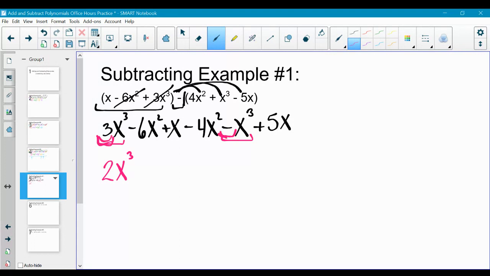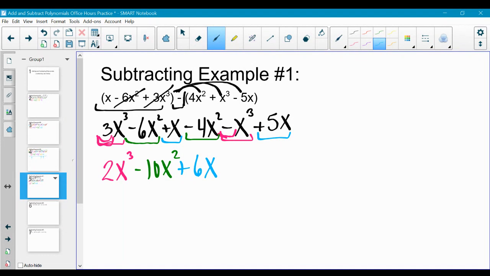Next, I have a negative 6x squared minus 4x squared, so I'm going to get the negative 10x squared. Lastly, we have a positive 1 and a positive 5, so my final piece to this is going to be a plus 6x. So that's our final answer.